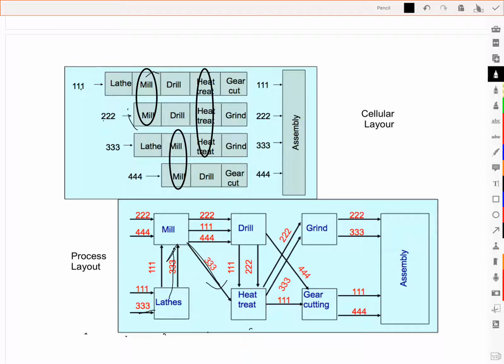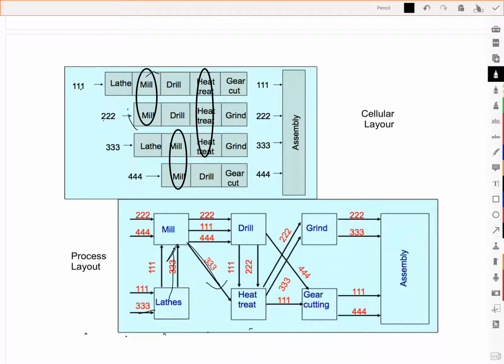And so we have some redundancy here in the milling. So we have two cells here, 111, 222, and 333, 444, two cells. They both contain milling. And if the milling machine goes down, then we're okay. We can still produce the other lines at the other location.